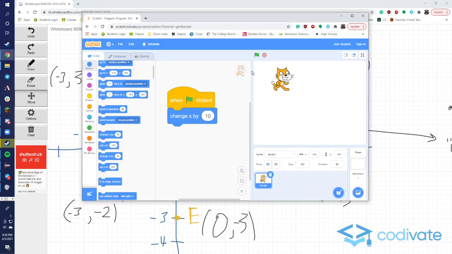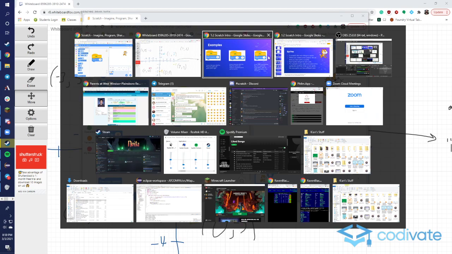So when we add 10, it moves it to the right. And if we add negative 10, which is really just subtracting 10, it moves to the left. And we can make this number really big to jump a lot. Or we can switch from change x to change y and move up and down by doing the exact same thing. Just like that.